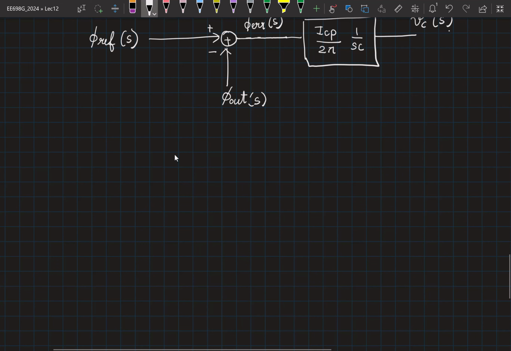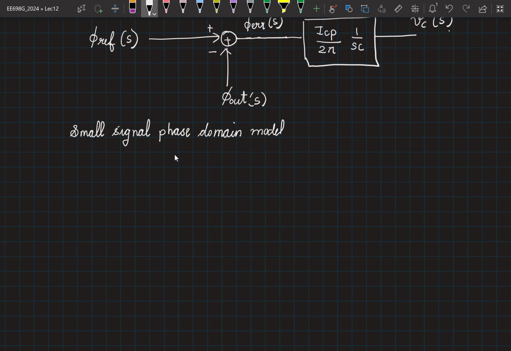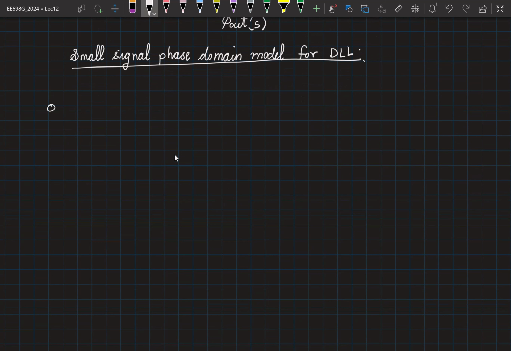So now we are looking at the small signal phase domain model for the DLL. So you have phi ref of s. From this you subtract phi out of s. This gives you phi error of s.